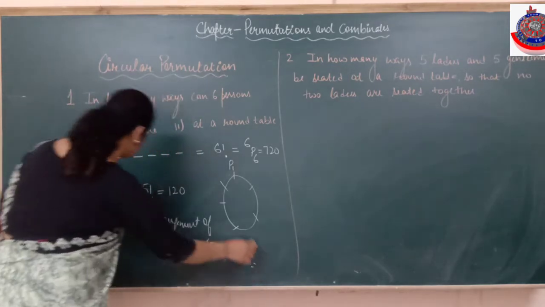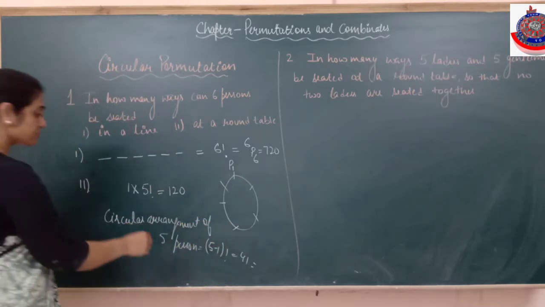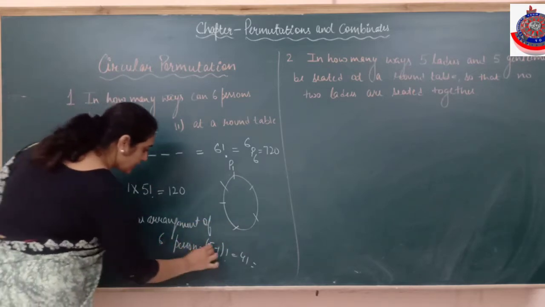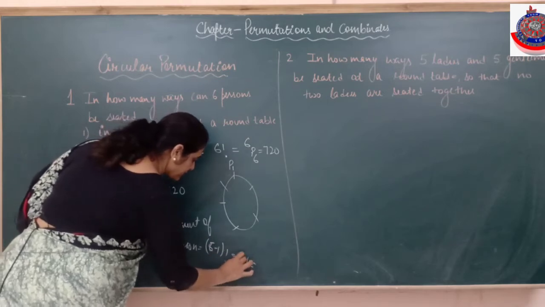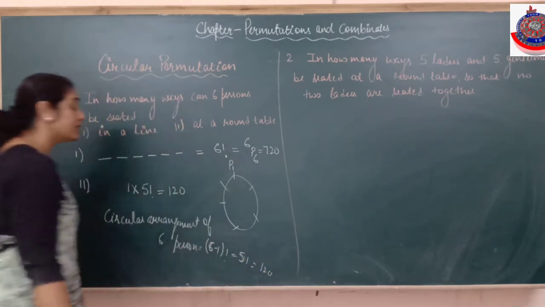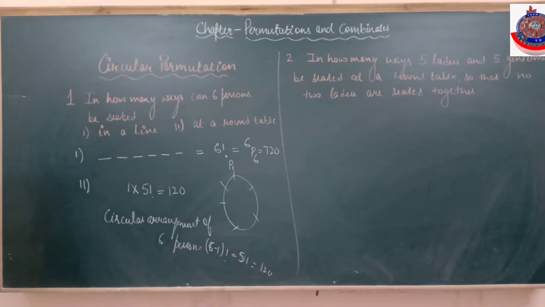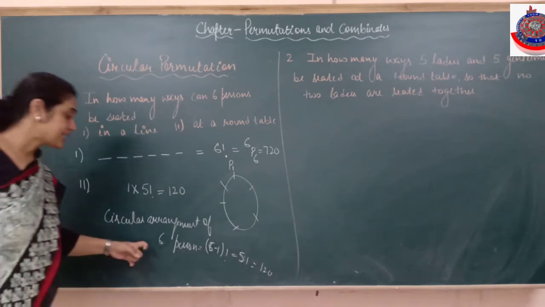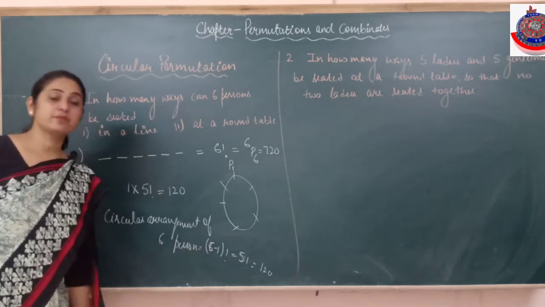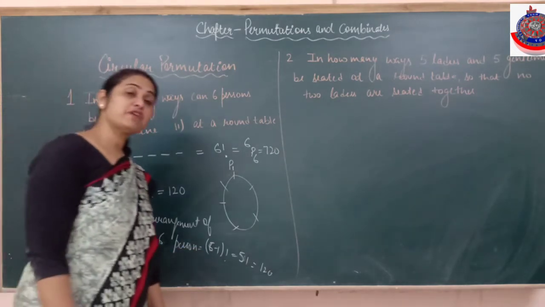Fine, okay, 6 persons were there, 6 minus 1, 5 factorial, and that is 120. So you can do it by the formula also. N persons can be arranged on a round table with the formula n minus 1 factorial. So I had 6 persons, they can be arranged on the round table in 6 minus 1, that means 5 factorial.